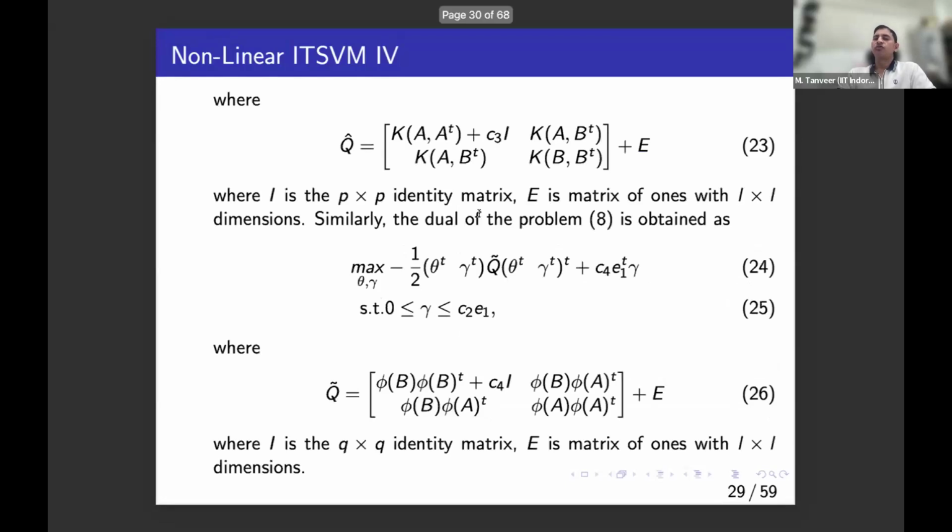So Q tilde is also free from the inverse. So this is the beauty of this algorithm. Now one can implement it on larger scale data, and it works very nicely on large data sets in comparison to the baseline TWSVM algorithms.